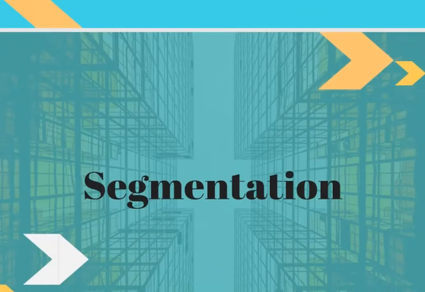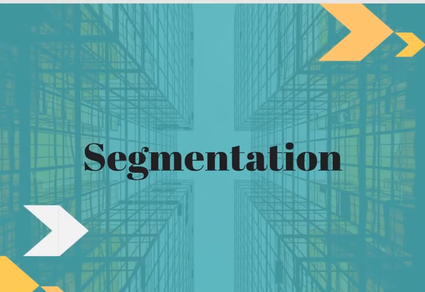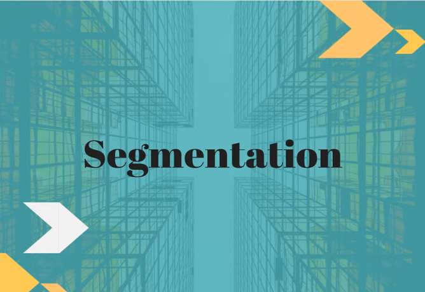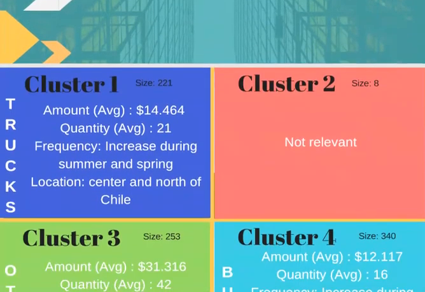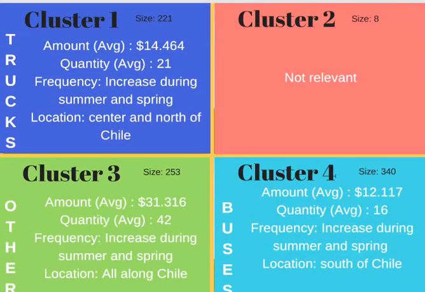Now we're going to speak about the segmentation that we found from the k-means analysis. We made 4 clusters in this analysis. Cluster 1, for example, had an amount of purchase of 14,000 pesos.